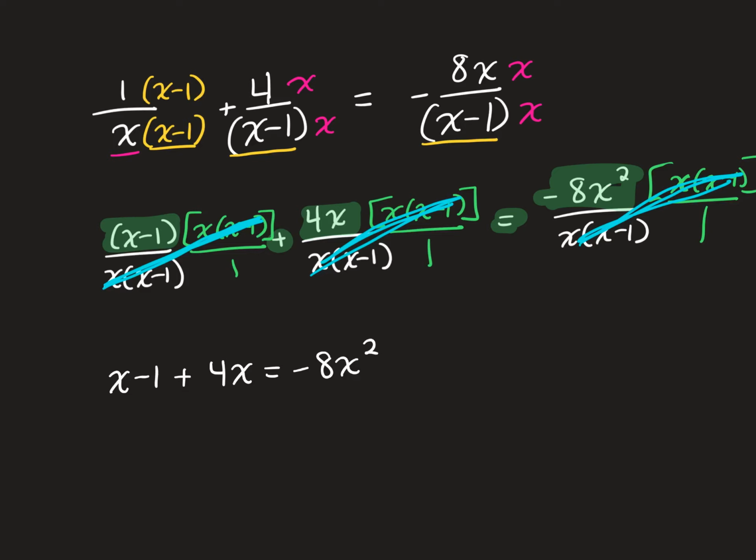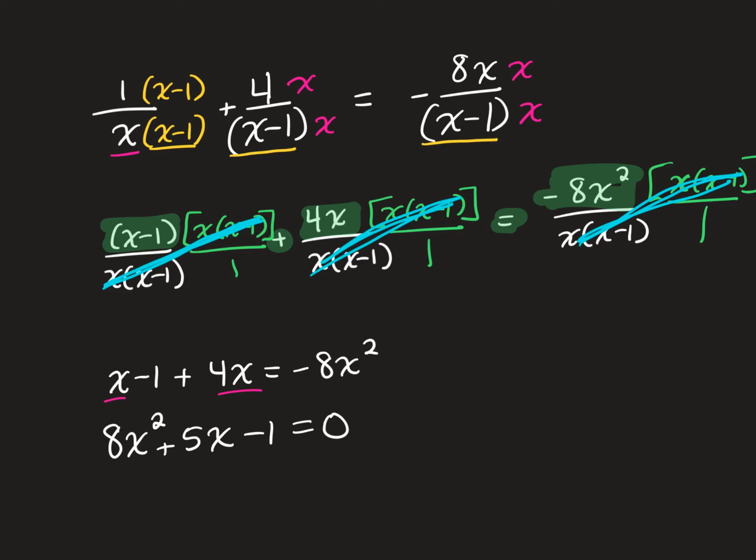So I need to have one side of my equation be 0 and everything else be on the other side. Now I could subtract everything on the left side, put it on the right side, but I see that my squared term is negative and I don't like that. So I'm actually going to add 8x squared to both sides. So I'd have 8x squared, and then when I combine my like terms there, I'm going to have plus 5x minus 1 equals 0.